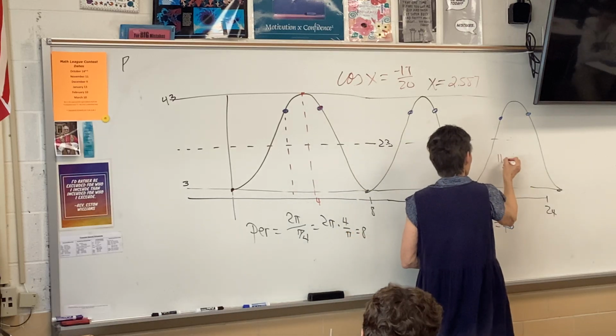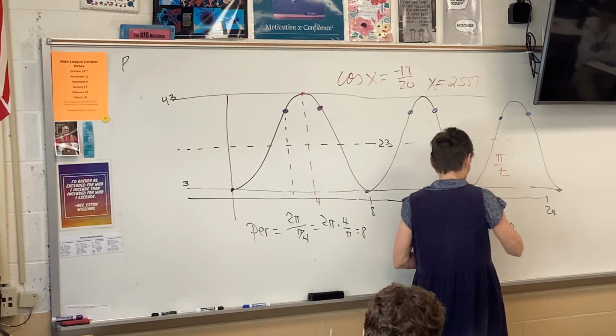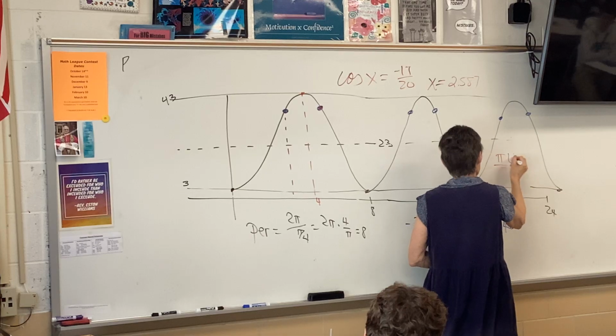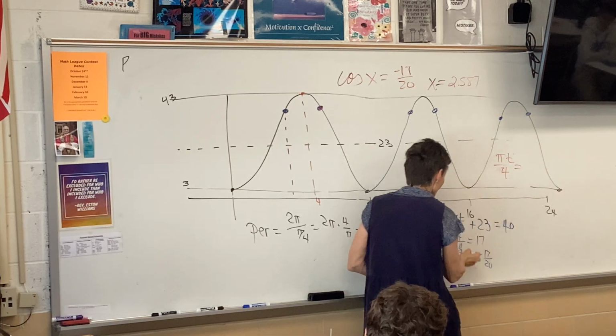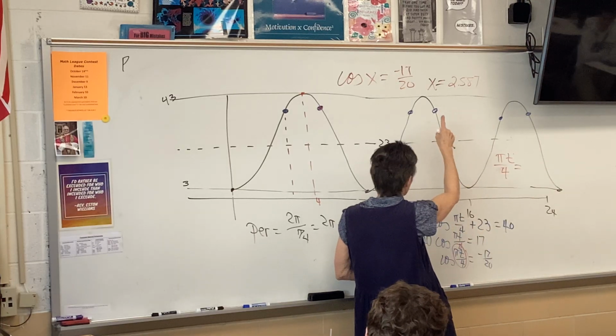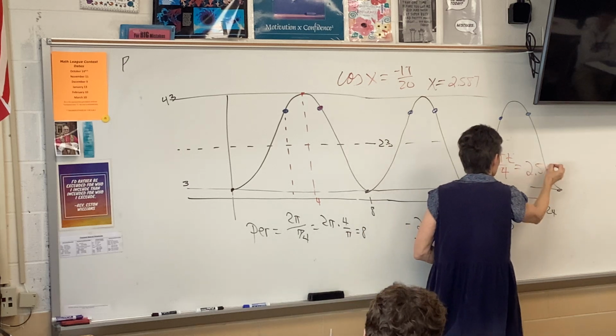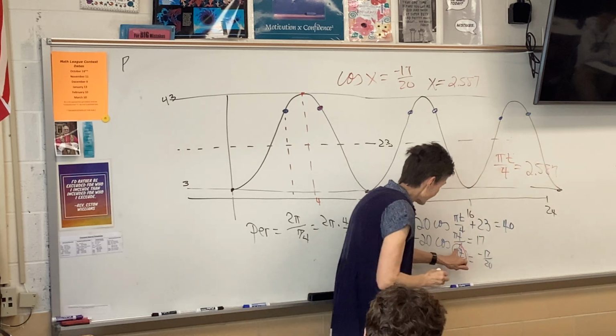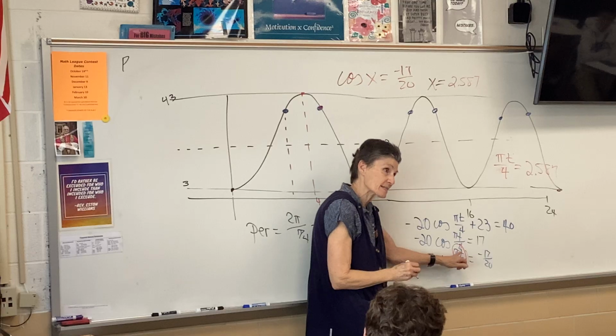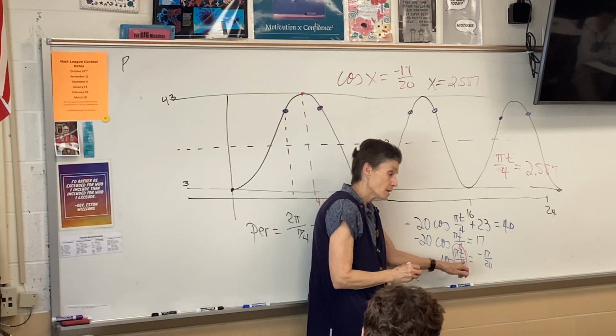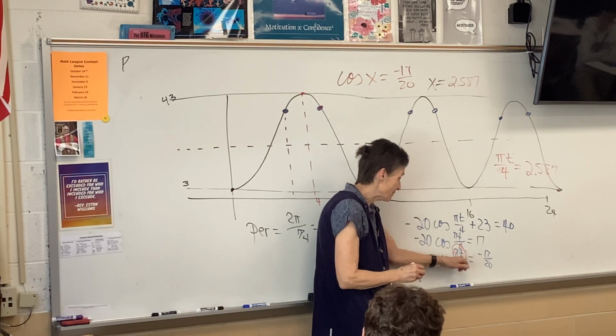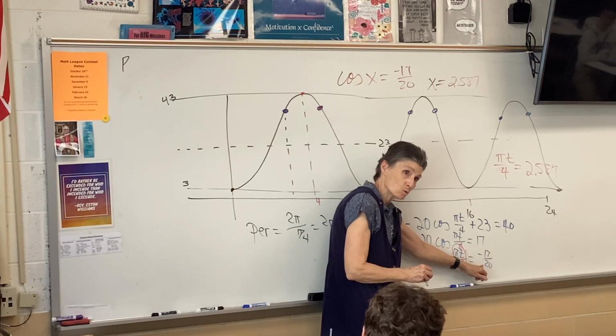So pi T over 4, that angle right there, has to equal 2.587. The cosine of 2.587 is negative 17/20.